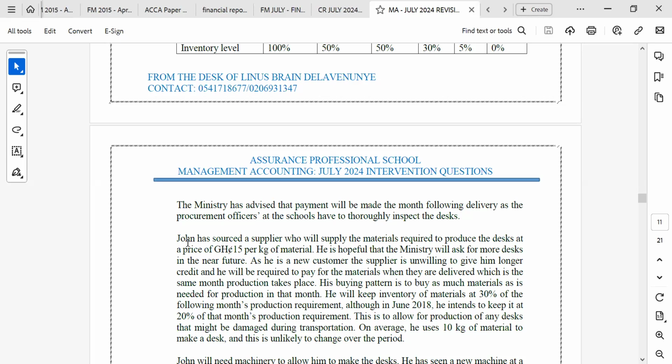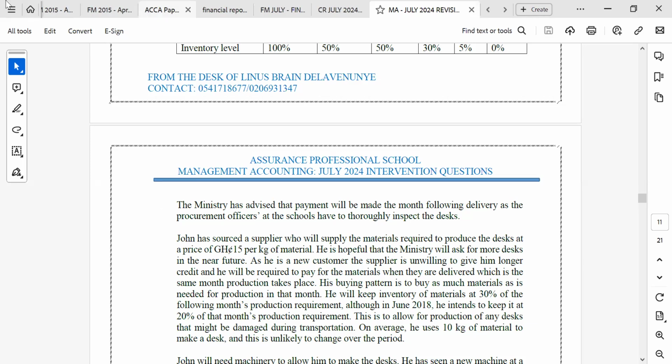The supplier is unwilling to give him longer credit and will be required to pay for the materials when they are delivered, which is the same month production takes place. So whenever you purchase the material, you are going to be paying within the same month. Is that the case? Yes, that's the question.